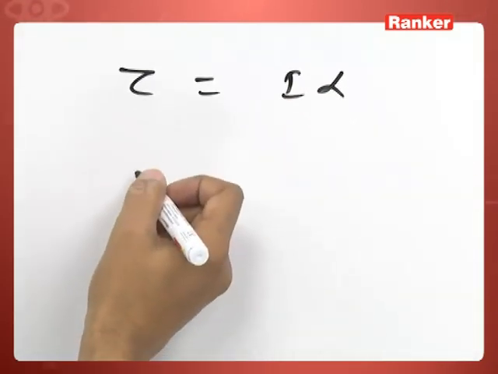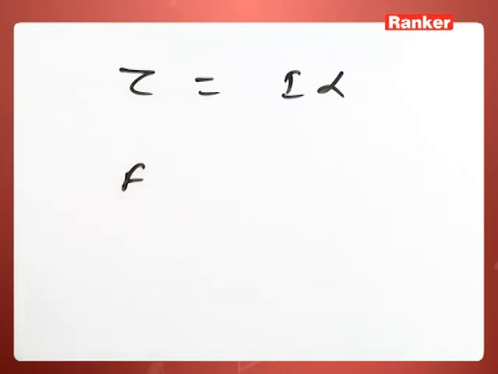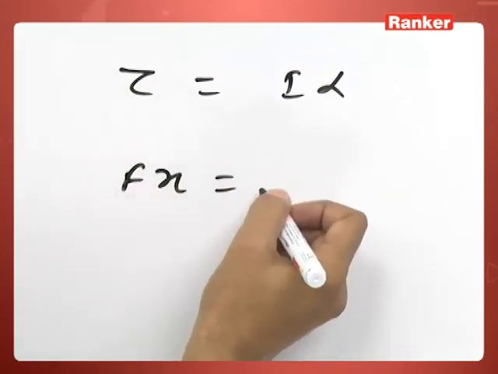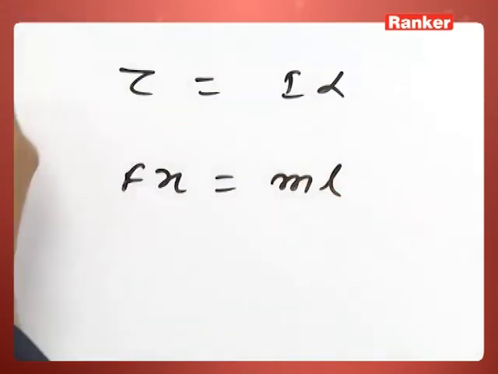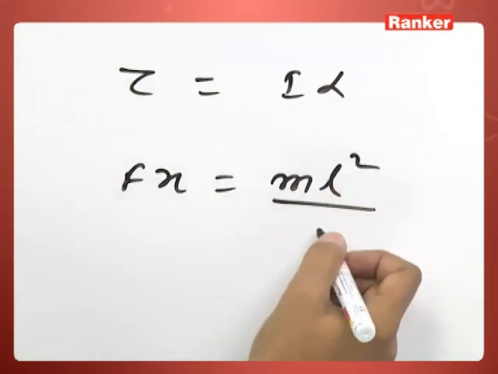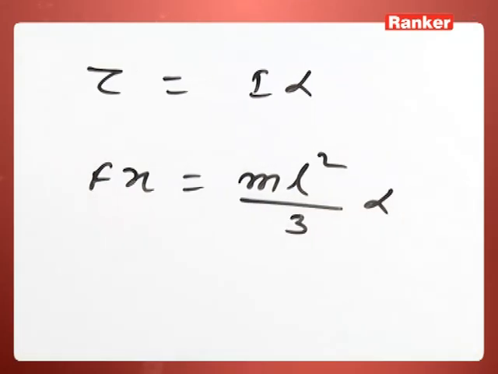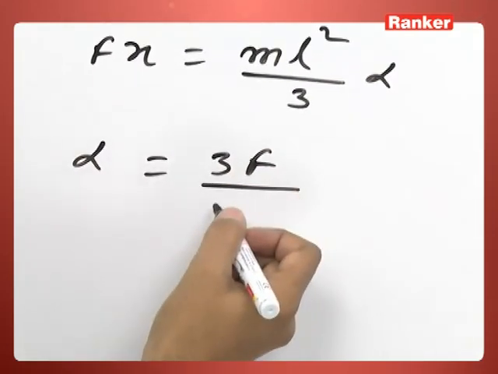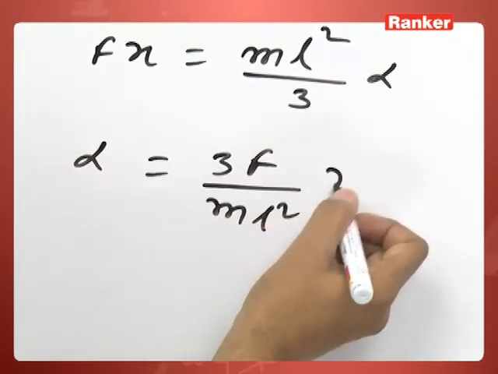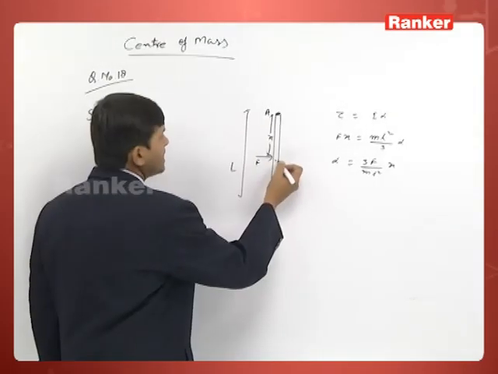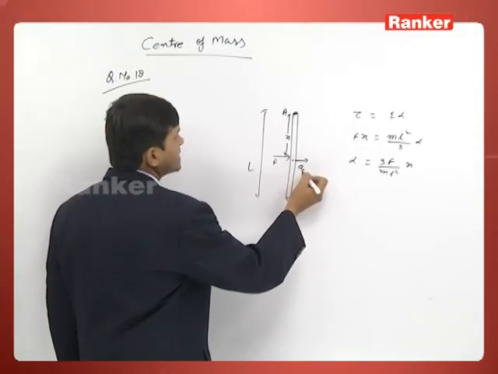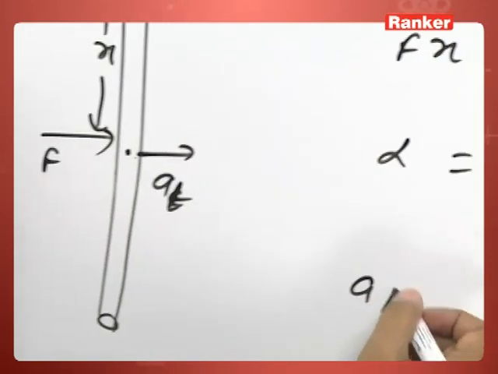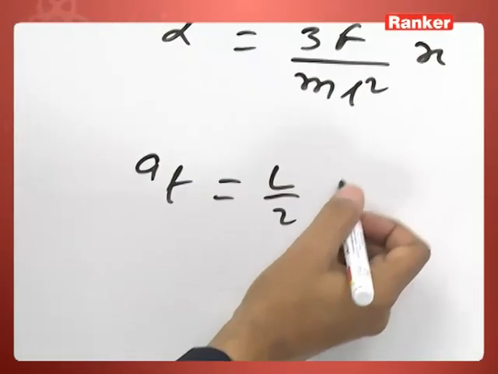Torque is equal to F into x, the moment of inertia of the rod about this end is ML square by 3, into alpha. So alpha is 3Fx by ML square.